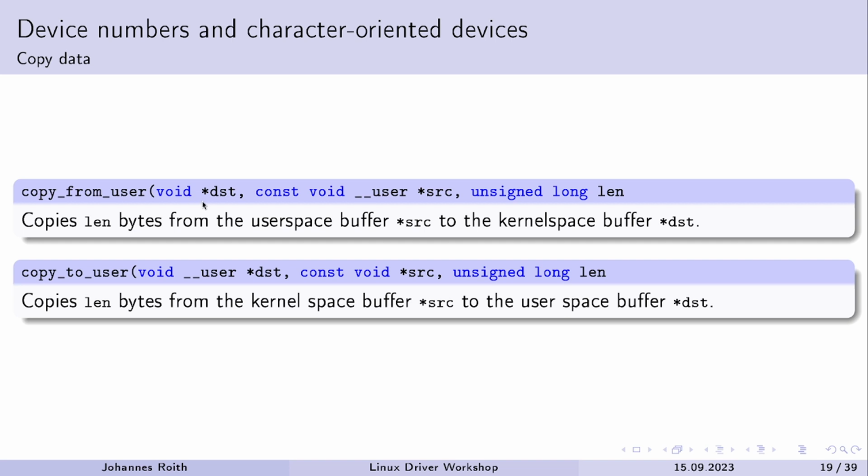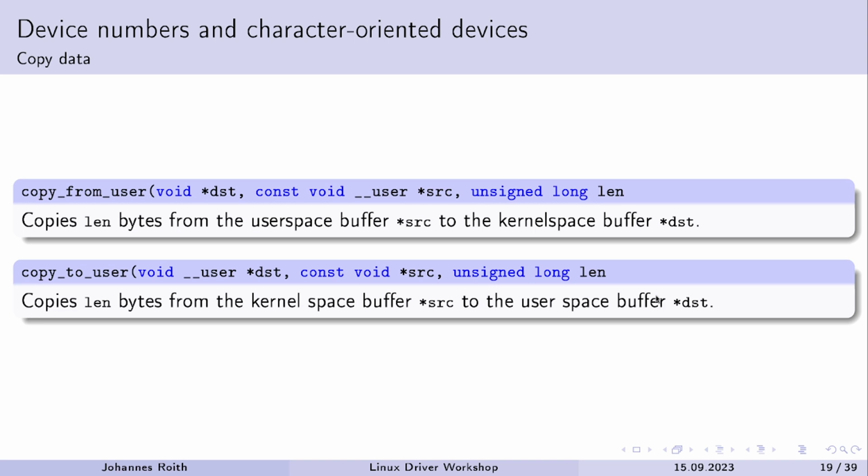The first argument is always the destination. Then we have our source. For copy from user, the source is a user space buffer. For copy to user, the destination is a user space buffer. And we have the number of bytes we want to copy in the len argument here, and that's basically it.